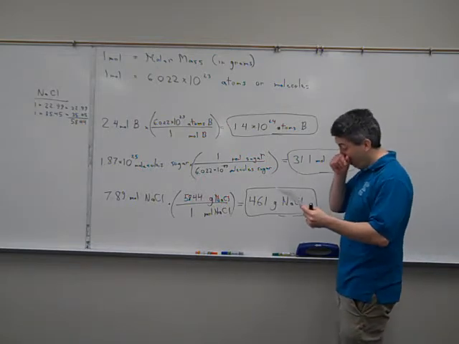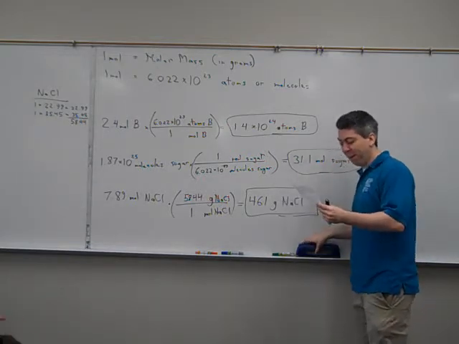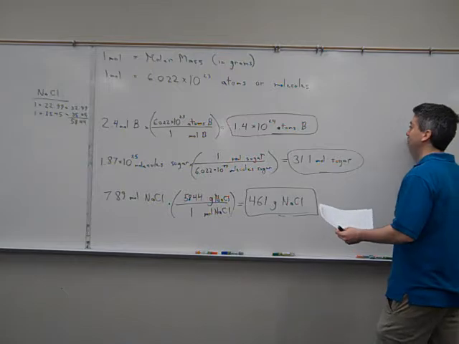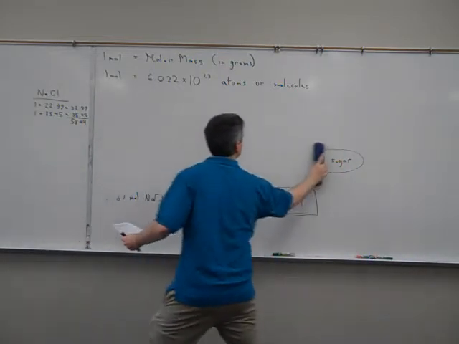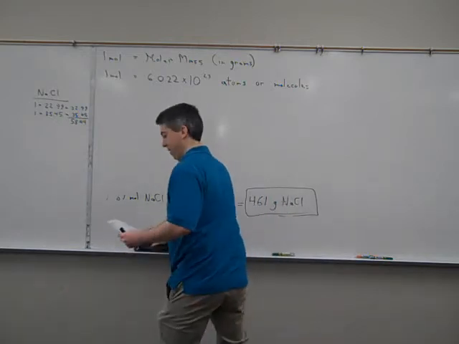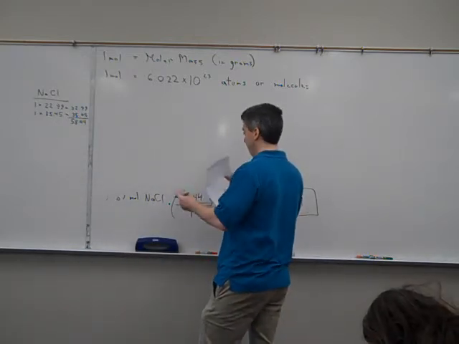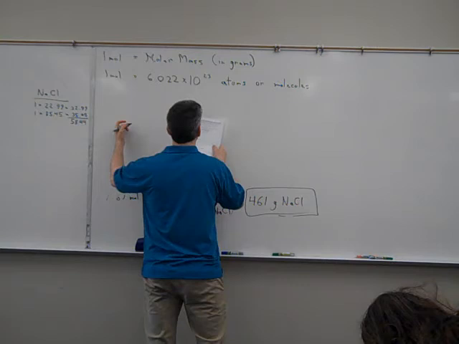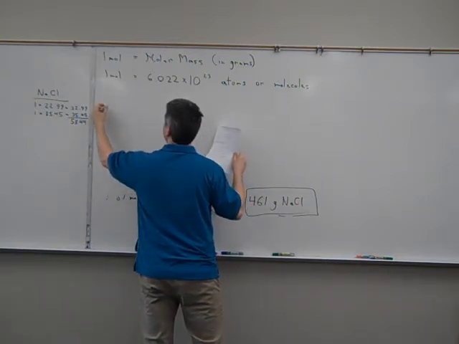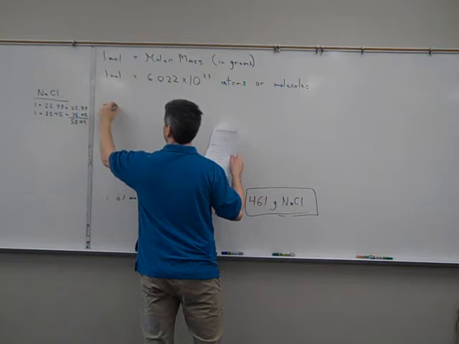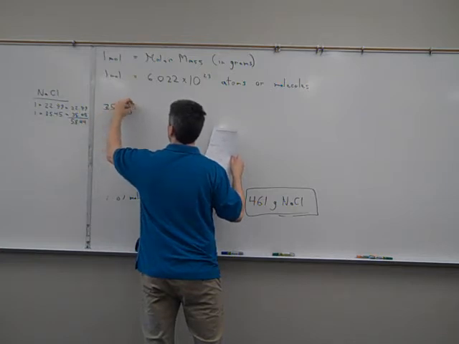Anyway, so how many molecules of H2O are there in 35.8 grams of H2O? So let's take a look. There are 35.8 grams that it gives us. 35.8 grams of water.